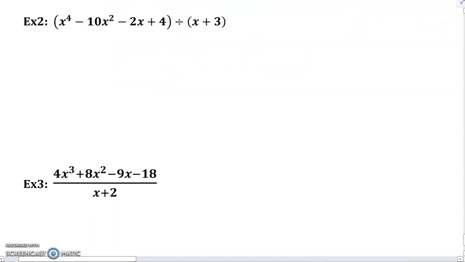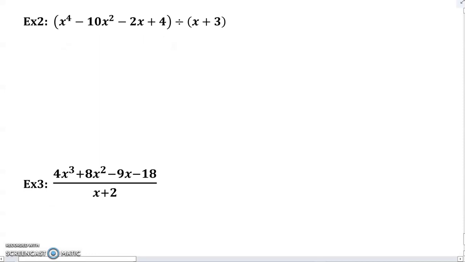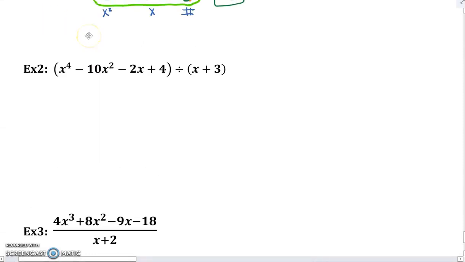First of all, check for missing terms. We're starting with x to the fourth. So next we need x to the third. Do we have an x to the third term? No. So right above this, I am going to write 0x to the third, and then negative 10x squared minus 2x plus 4. So the only missing term is the x cubed term.